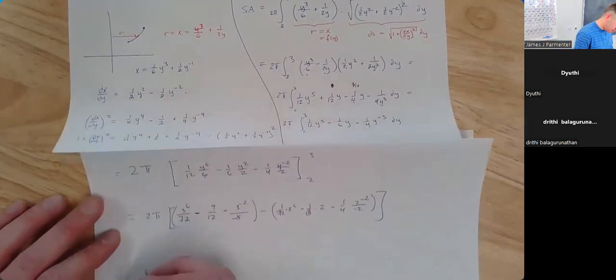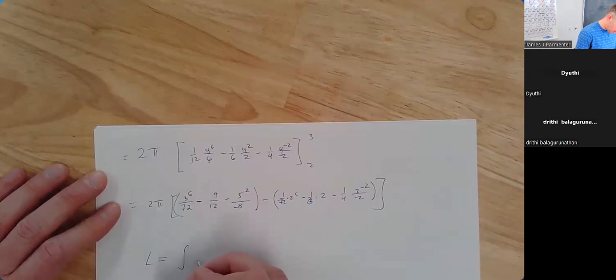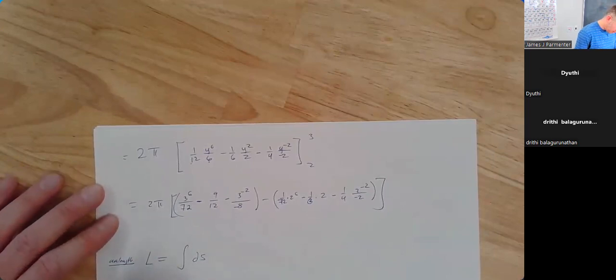I'll leave you with this. Arc length is the integral of ds. And surface area is the integral of 2 pi r times ds.